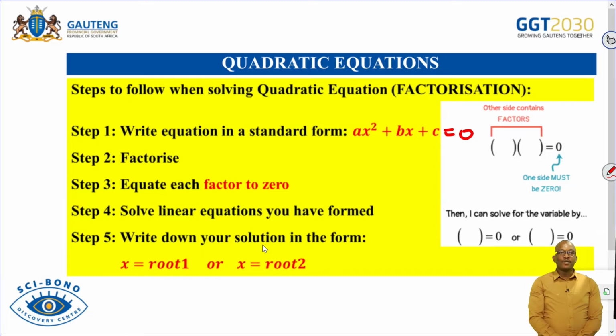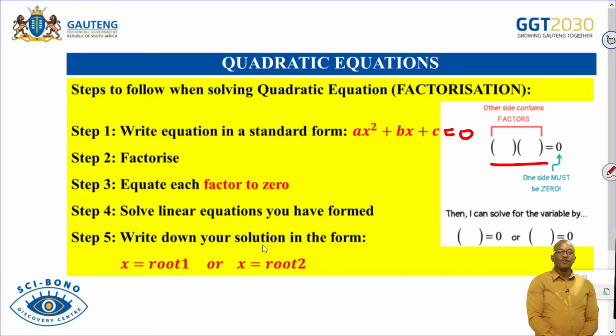The second step, we have to factorize. Remember, by factorizing, you have to open the two brackets depending on how many terms you have. Then step number 3, we have to equate each factor inside the bracket to 0. That's when we apply what we call our zero factor rule.